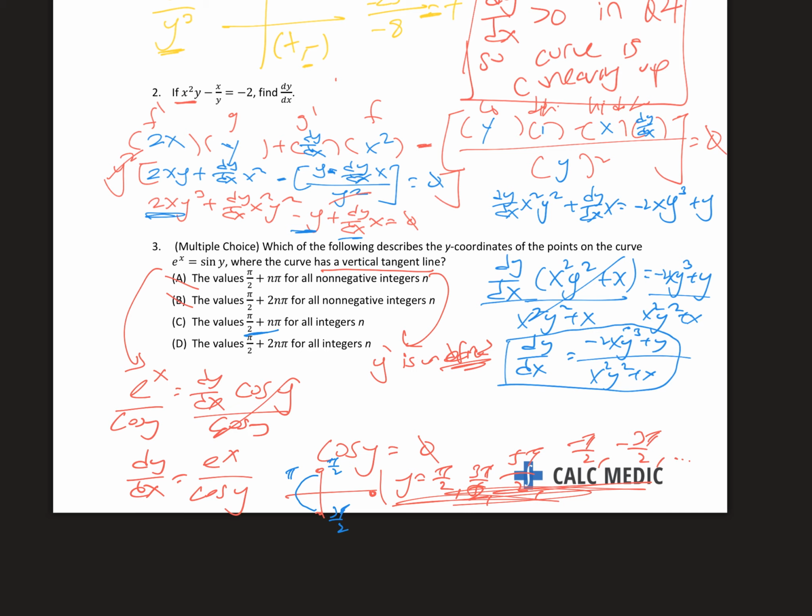Memorize your unit circle, please. So C looks like a potential answer here. Let's look at the last one. It says pi over 2 plus 2n pi for all integers. I know 2n pi is not correct already, because if I plug in 1, that means I have to go a full circle, and that's neglecting the same thing again. Okay, so the answer is going to be C.